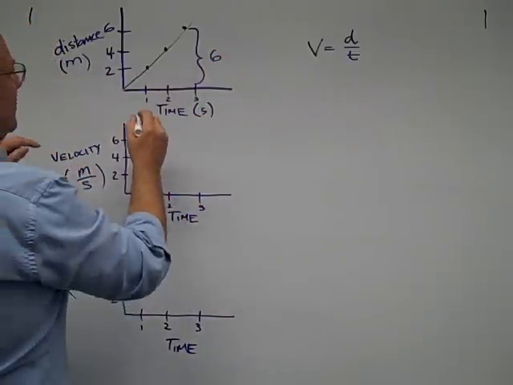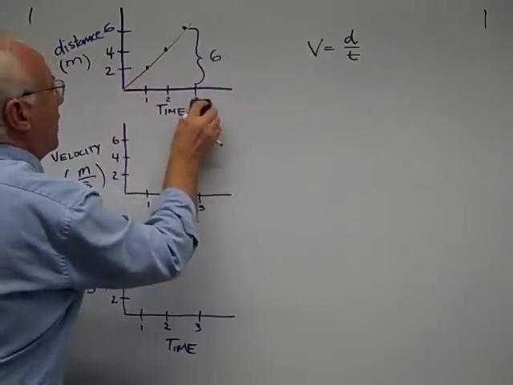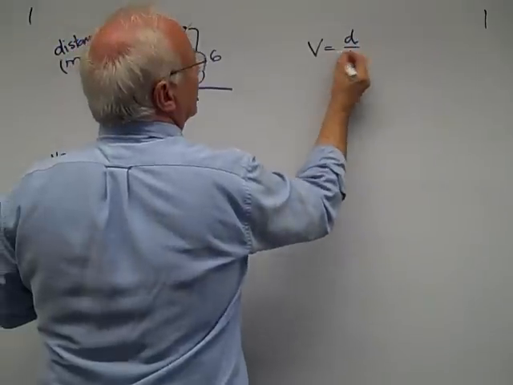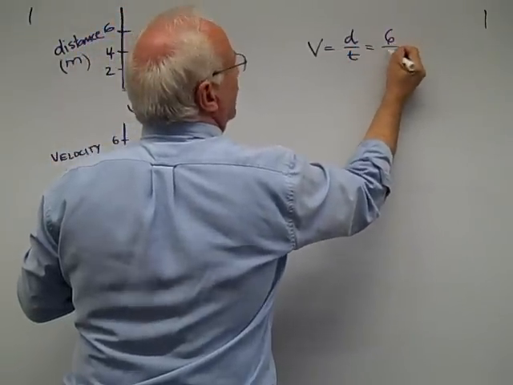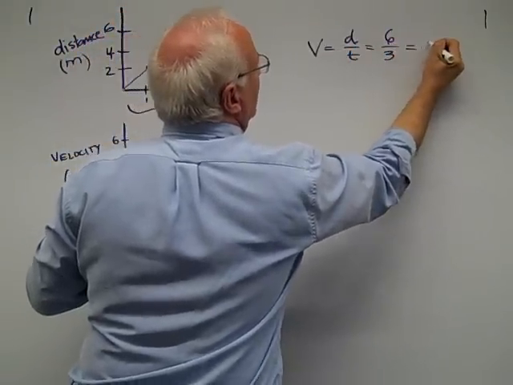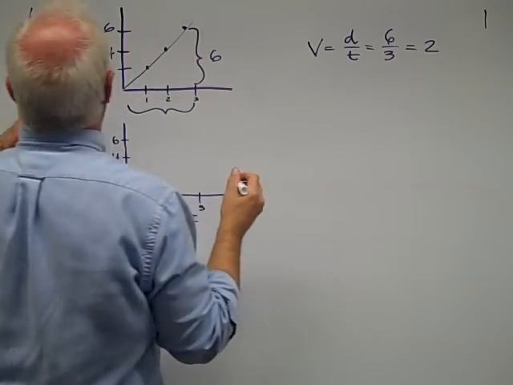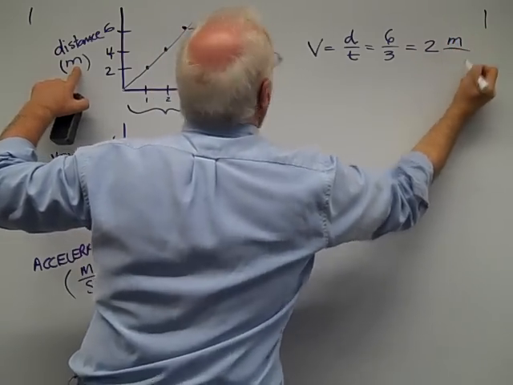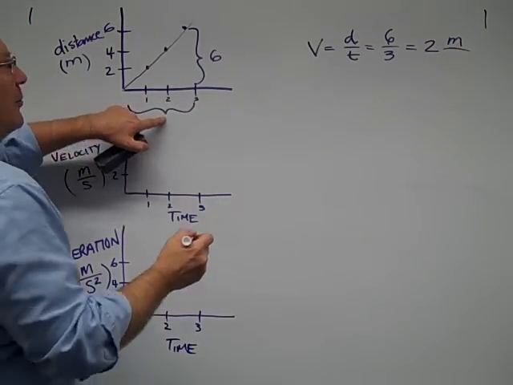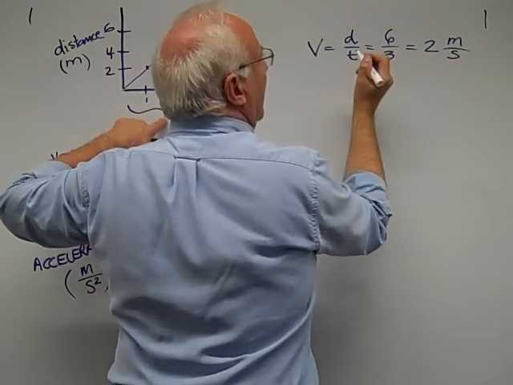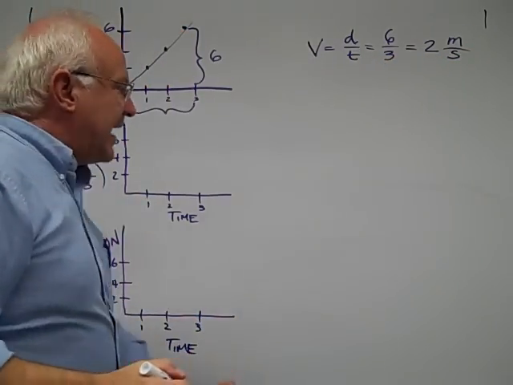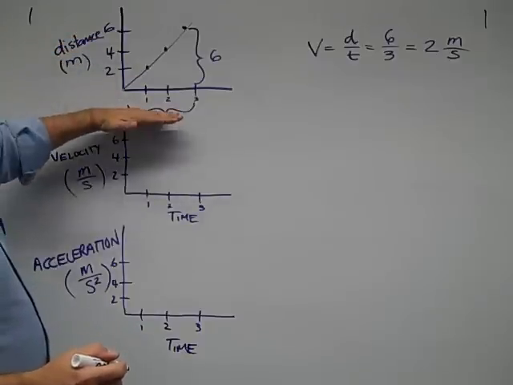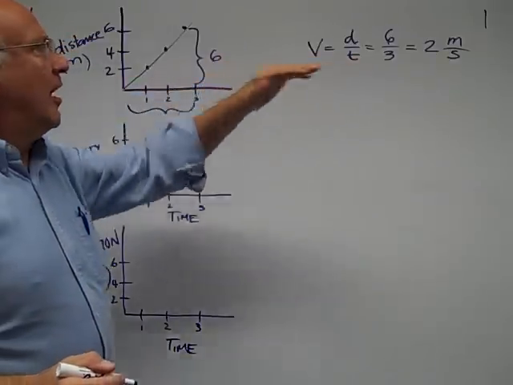What was its time? 3 seconds. Distance over time equals 6 over 3 equals 2. 2 what? Distance is in meters. Time is in seconds. So its velocity is 2 meters per second. That is, the slope of the distance time graph is velocity.